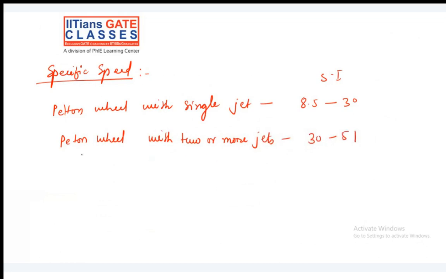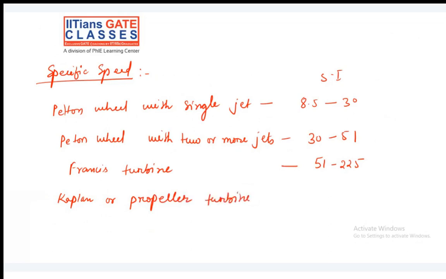Then Francis turbine: the range goes from 51 to 225. And then Kaplan or propeller turbine: the range goes from 225 to 860. This we should know.